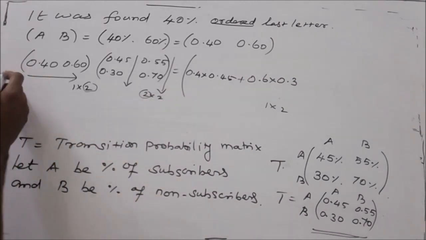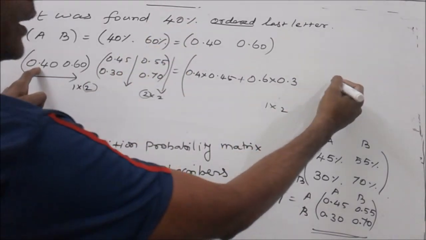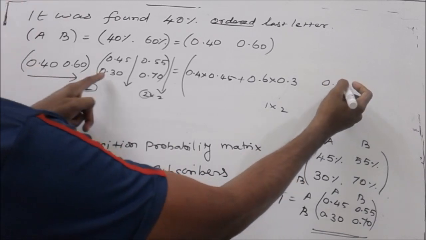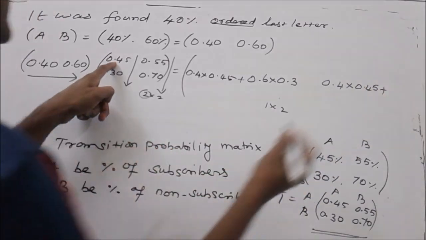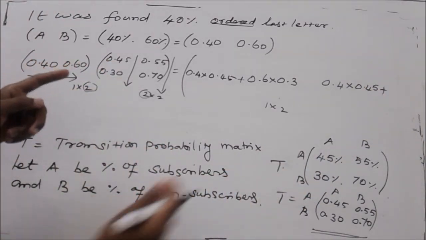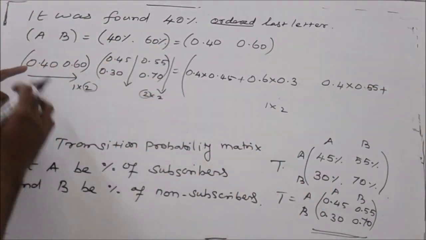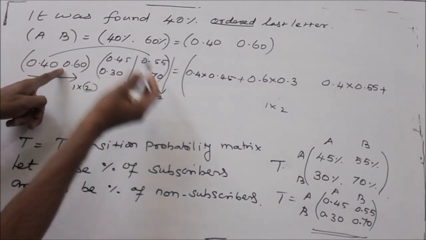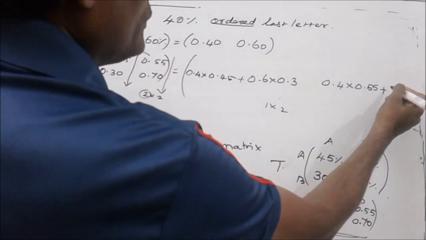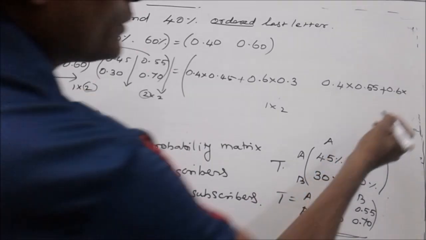Then row with the second column, 0.4 into 0.45 plus 0.55. We are moving to the second column, 0.4 into 0.55, then 0.6 into 0.70.